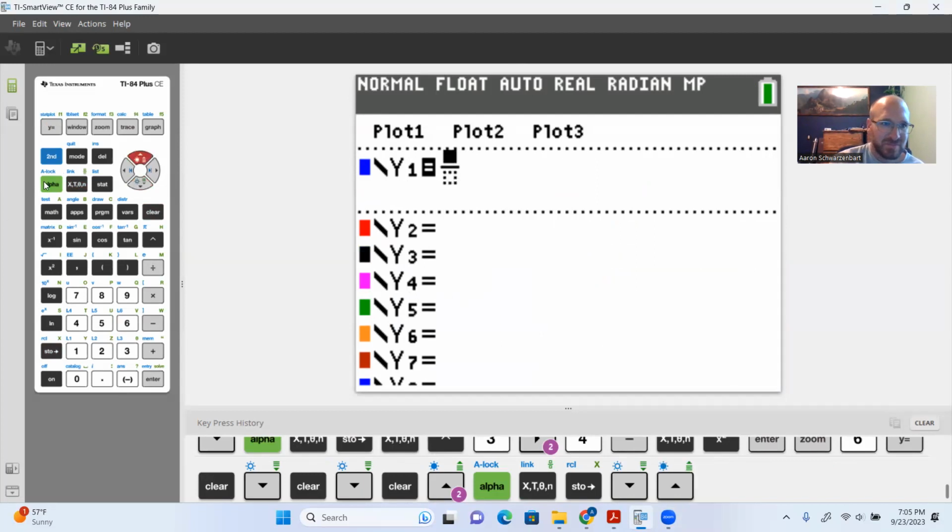So remember, my vertical asymptotes are found by figuring out where my denominator equals 0.